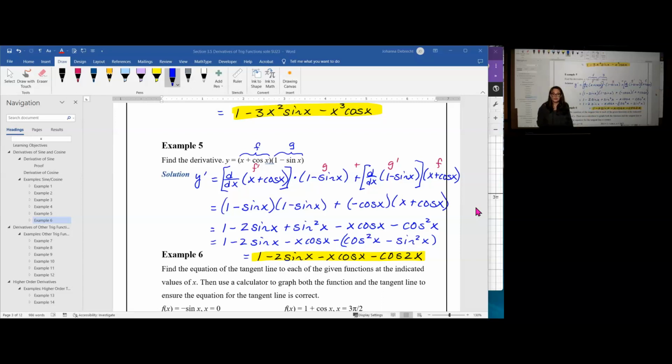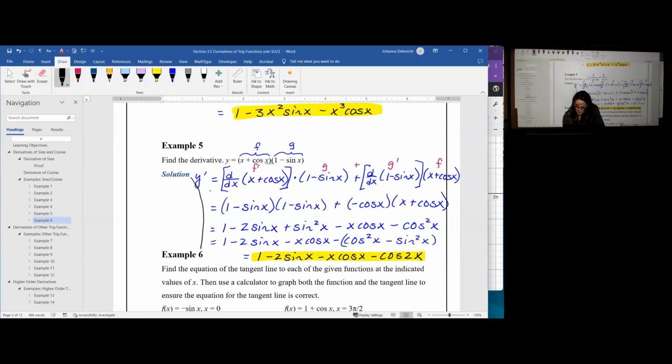I don't know if we have enough space, but let's give it a shot and see if we come up with the same thing if we multiply it together first and then take the derivative. In that case, let me come over here, and I may have to use some space up there. We'll see.